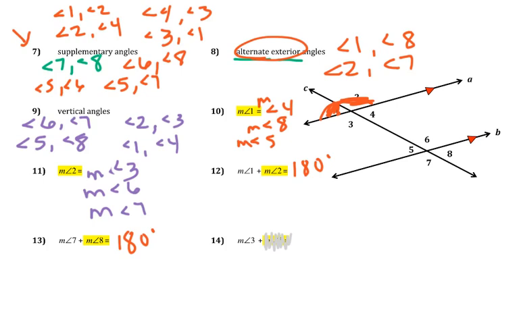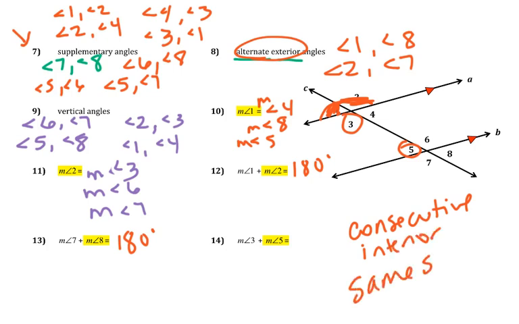Number 14 is the measure of angle 3 plus the measure of angle 5. Okay, that's a little bit different. So angle 3 and angle 5, what are those going to be? Now there is a theorem from last year that you learned about, and these are either called consecutive interior, or they could be called same side interior.